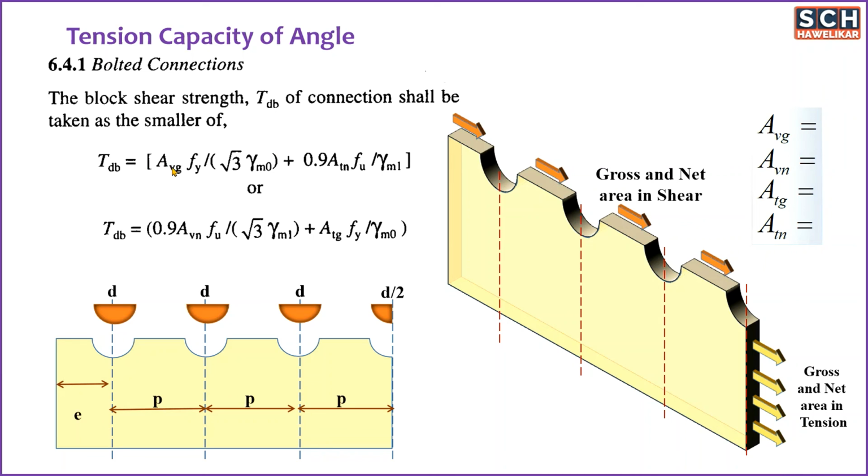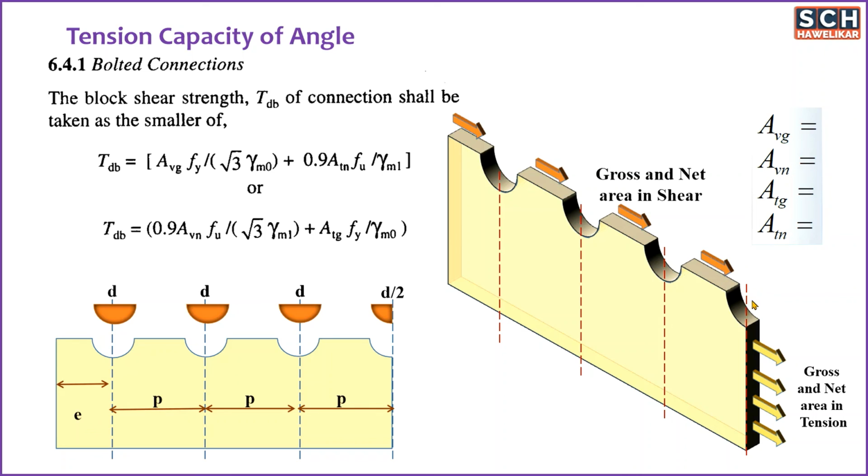In this formula we have four unknown areas: AVG, AVN, ATG and ATN. Here AVG is nothing but the gross area in shear, when we are not considering the bolts. When we are reducing the hole diameters from the section, then the area becomes net area in shear, AVN.